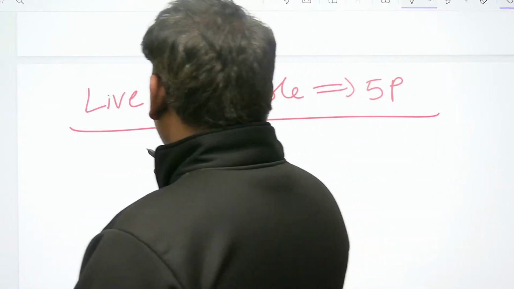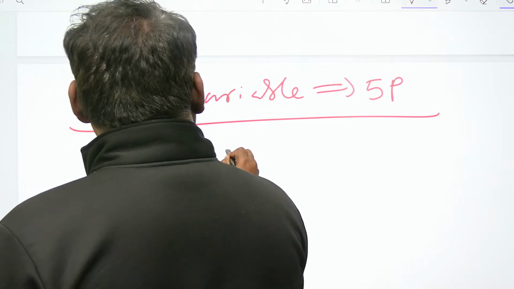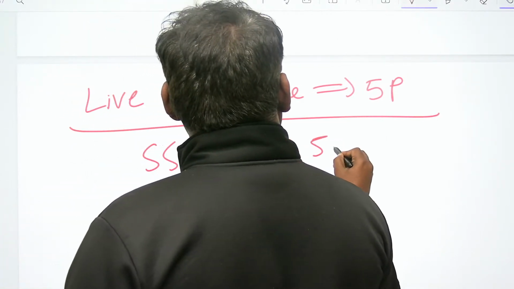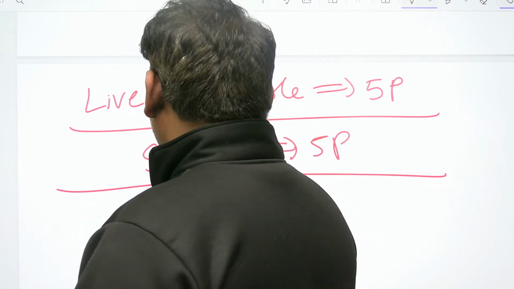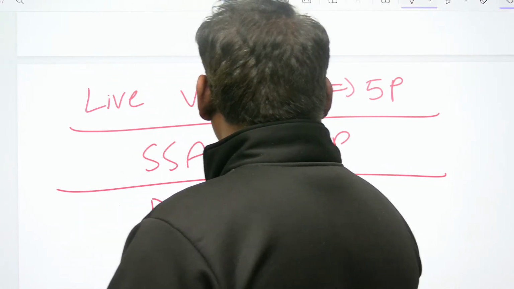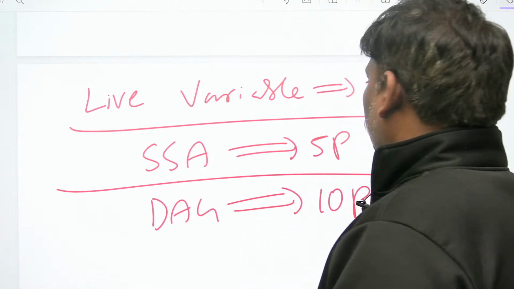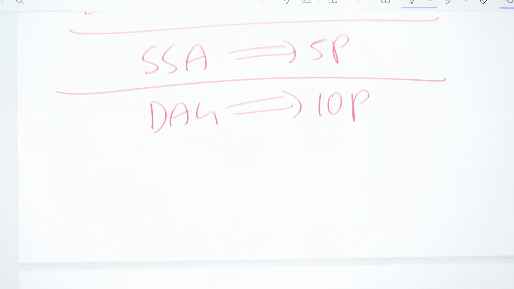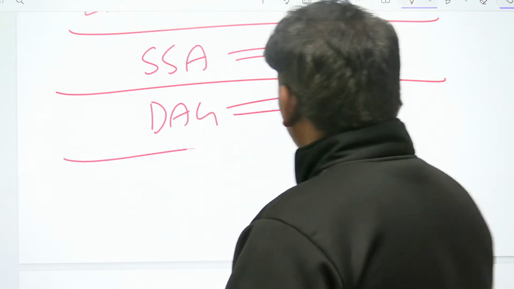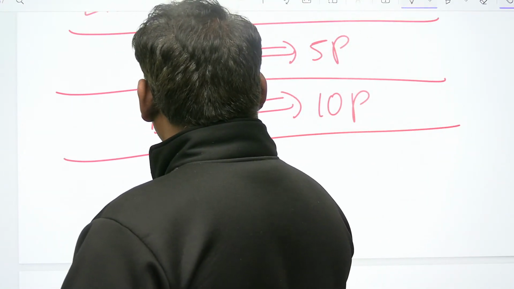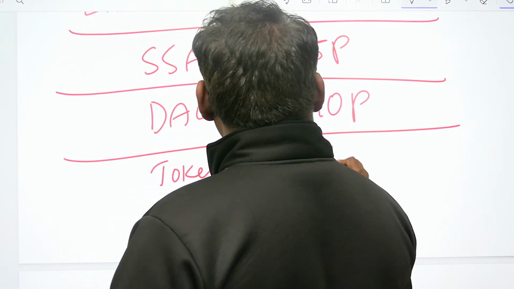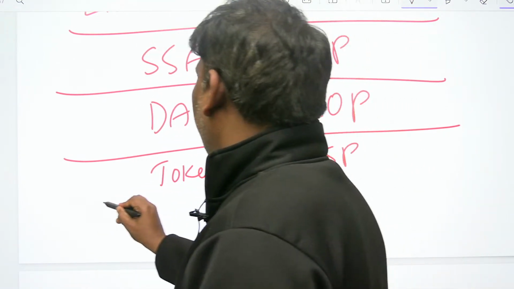Next one, SSA, practice 5 problems. DAG, practice 10 problems. Next one, tokens, practice 5 problems. More than that is not required.